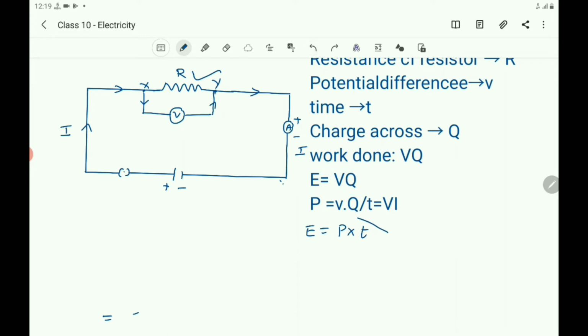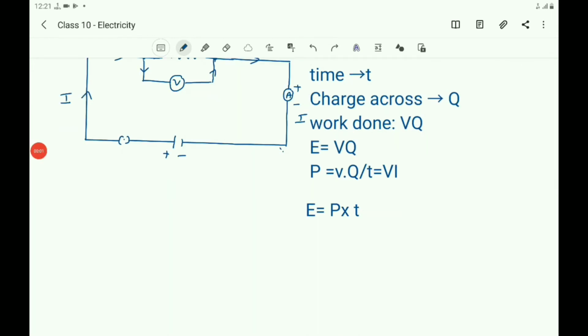Since P is VI, the energy supplied becomes V into I into T, where T is the time, I is the current, and V is the potential difference across the resistor.